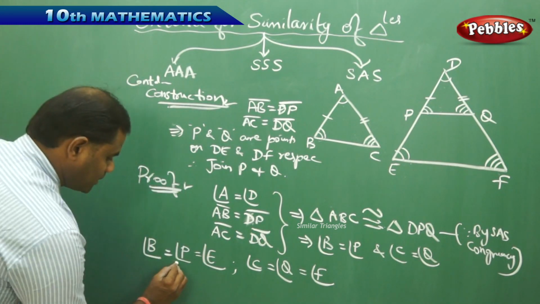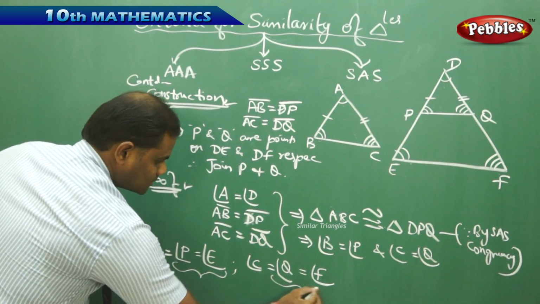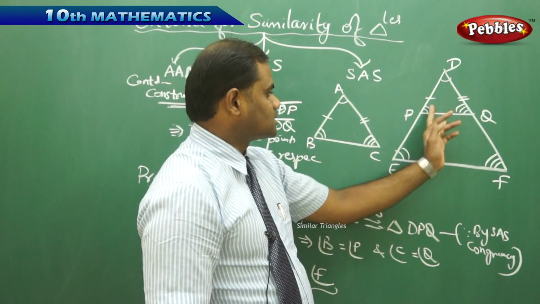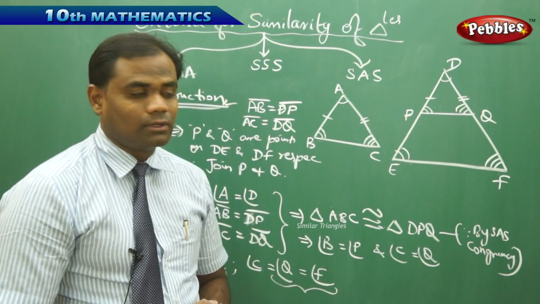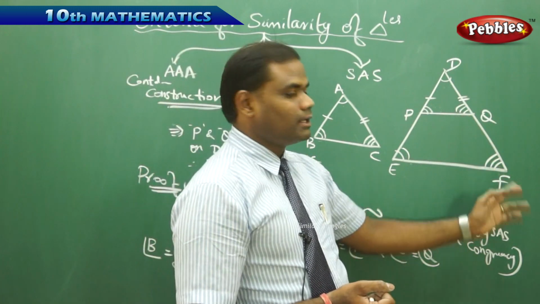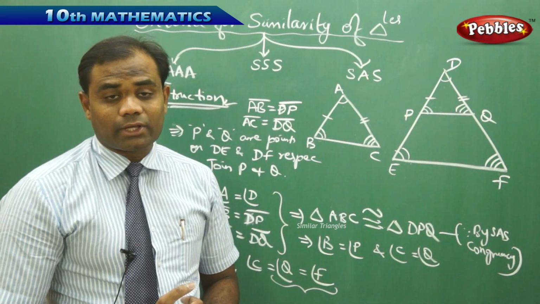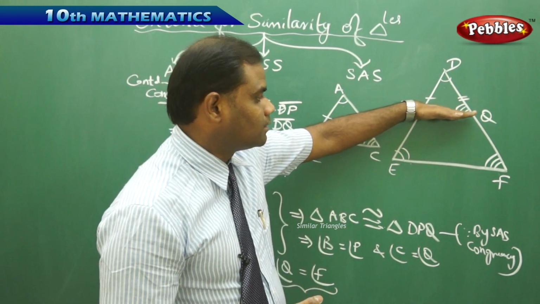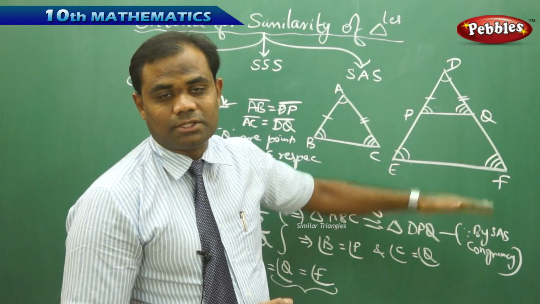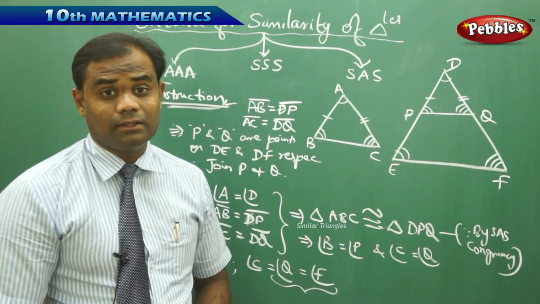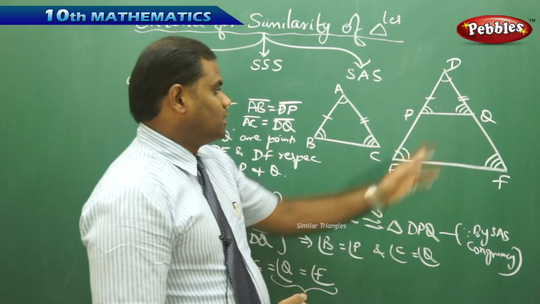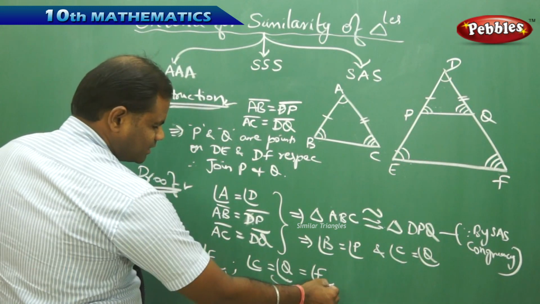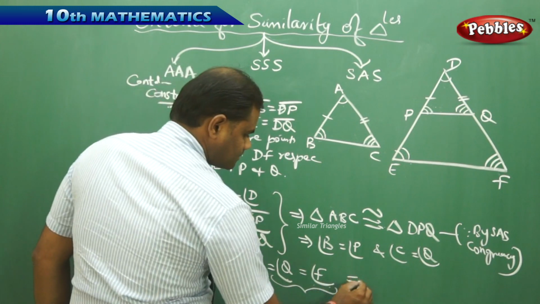Now, when I take this pair of equal angles, I clearly see that angle P is equal to angle E, which implies the corresponding angles are equal, or angle Q is equal to angle F, which implies the corresponding angles are equal. So when corresponding angles are equal, this line must be parallel to this, which is the property we have in parallel lines.